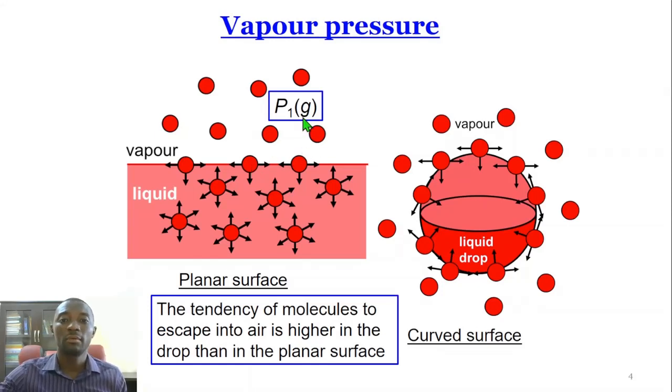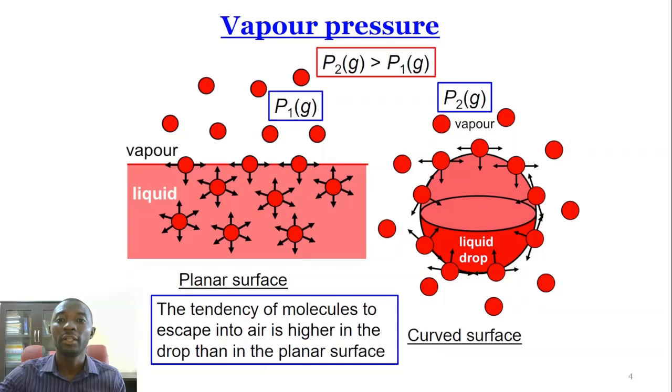So if P sub 1 of G represents the vapor pressure of the planar surface, P sub 2 of G represents the vapor pressure of the liquid drop surface, then we can say that the vapor pressure around the curved surface, the liquid drop, is greater than that above the flat liquid surface. And this is due to surface curvature of the liquid drop.